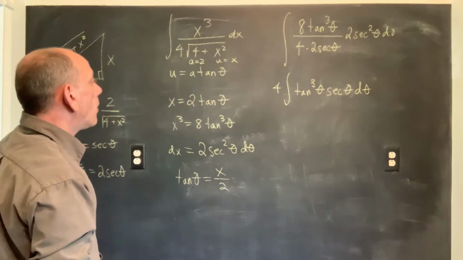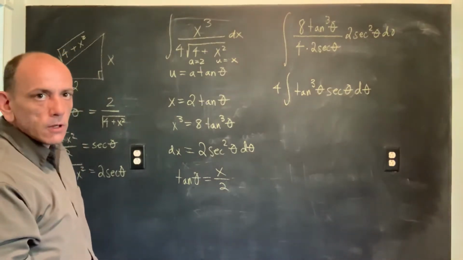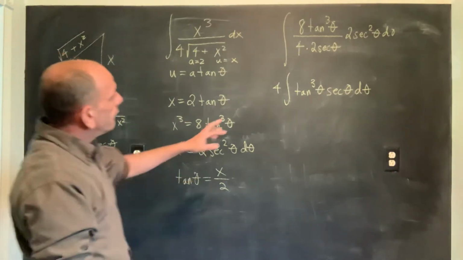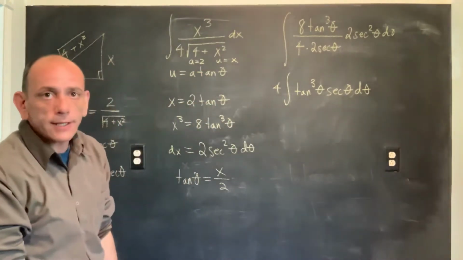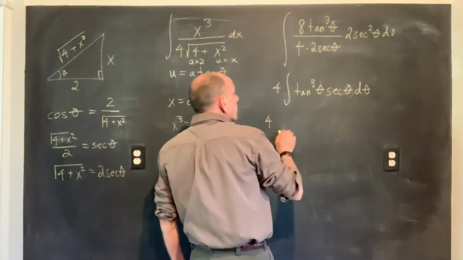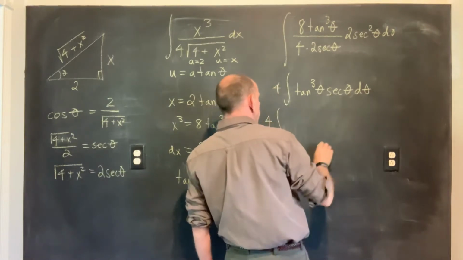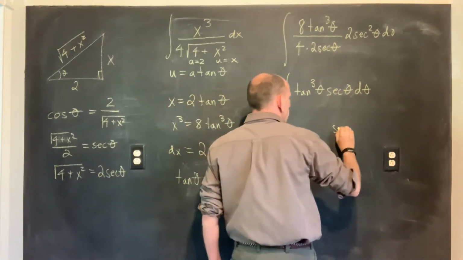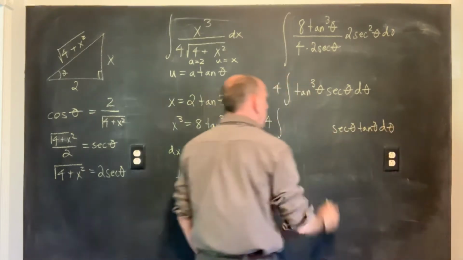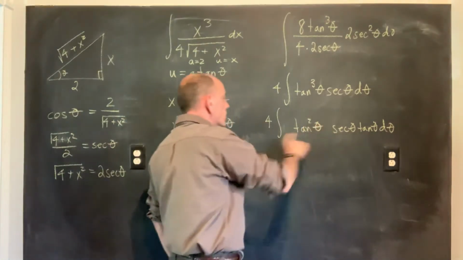I'm going to try to hold off one of the tangents and convert the other 2 to secants, because this is one of those funky ones that I actually want to u sub for secant. So let's try that. Again, if I u sub for secant, the du is going to be secant tangent. That's why I'm holding one of those. Secant theta, tangent theta, d theta. I'm holding that off, which gives me a tangent squared theta here, which I want to convert.